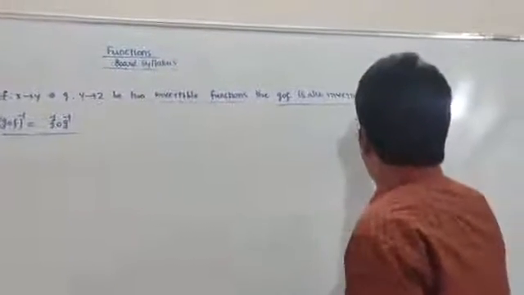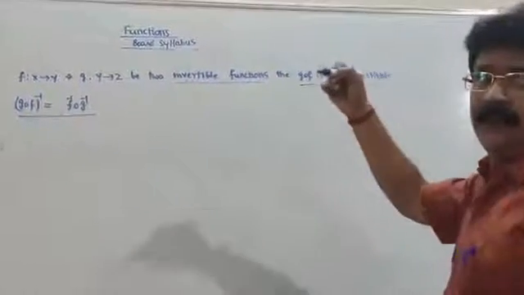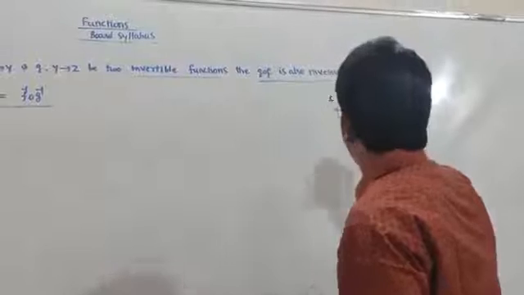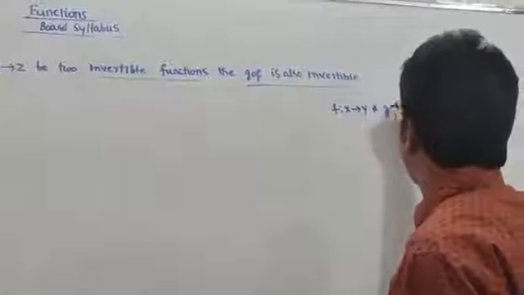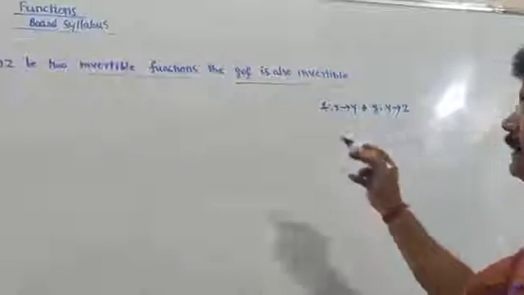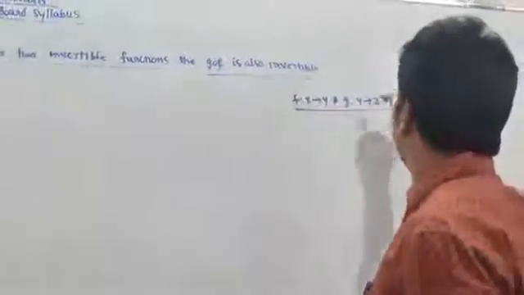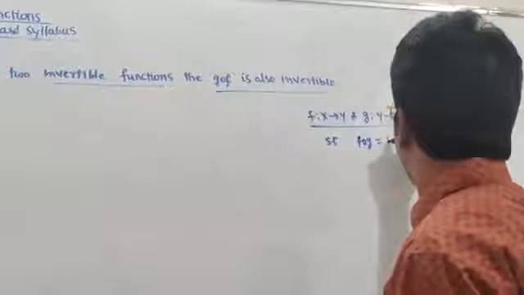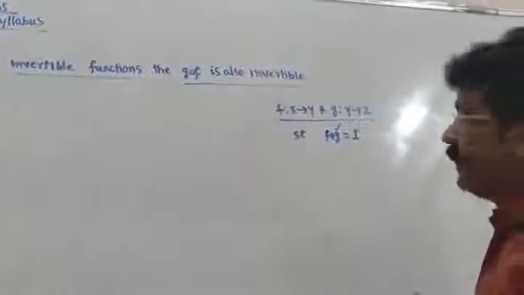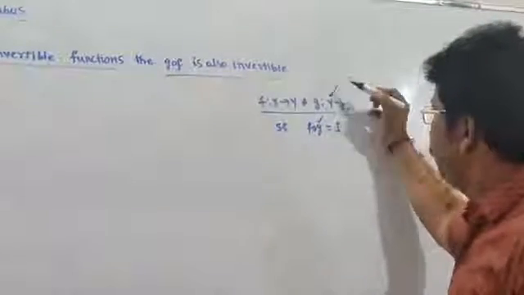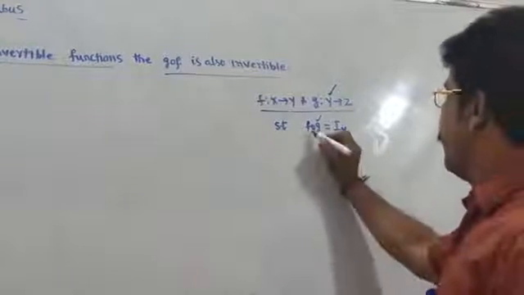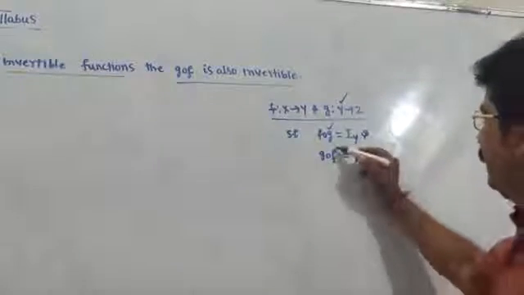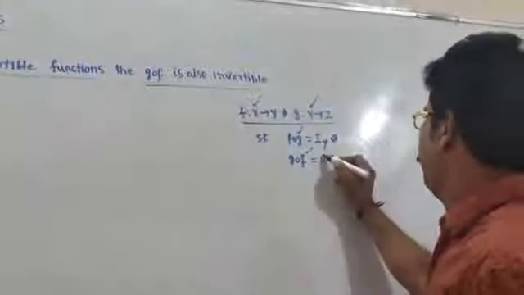Here, first we must recall once again the definition of invertible functions. f from capital X to capital Y and g from Y to Z be the two functions so that f circle g equals, last letter g, domain of g, which is Y, so I_Y, and g circle f equals, last letter f, domain X, so I_X.